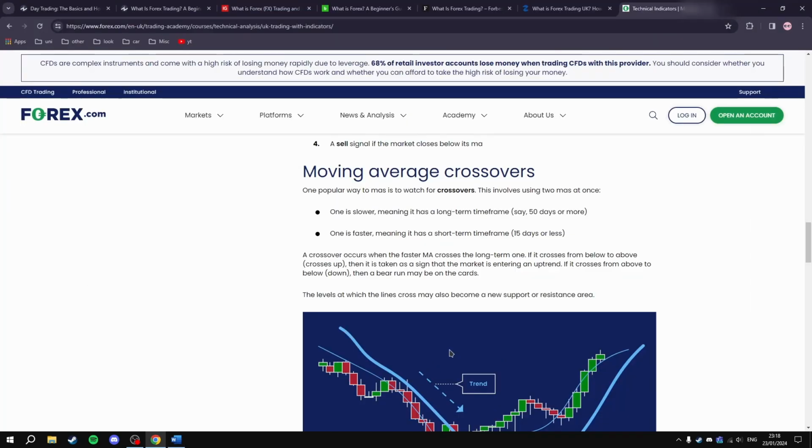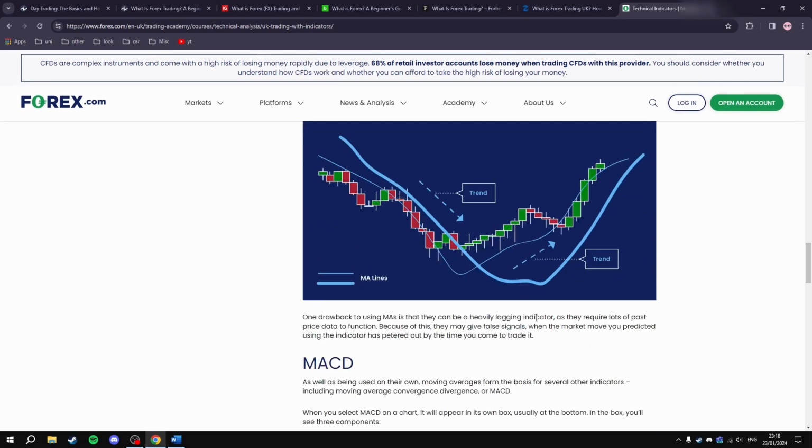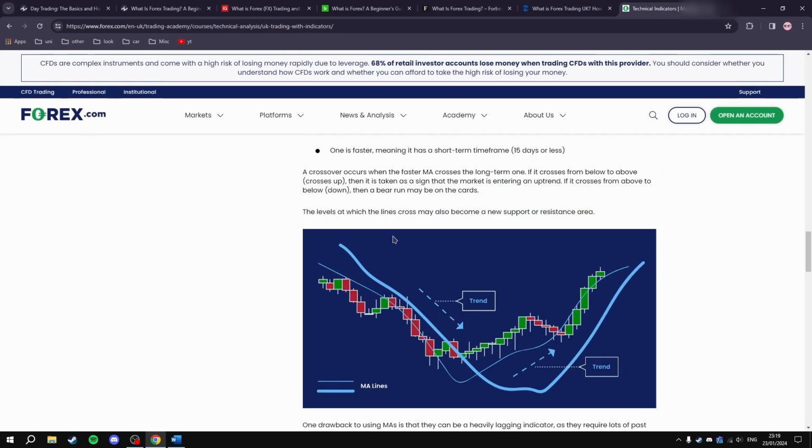If it crosses from below to above, cross up, then it is taken as a sign that the market is entering an uptrend. If it crosses from above to below, down, then a bear run may be on the cards.